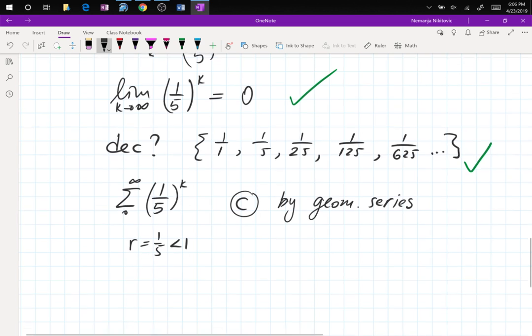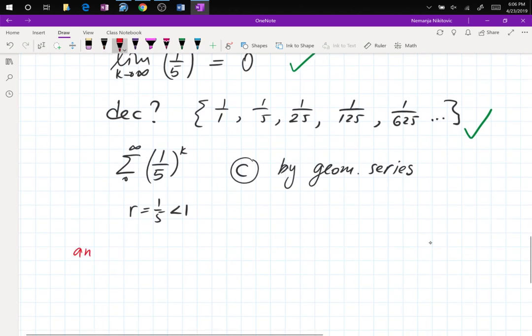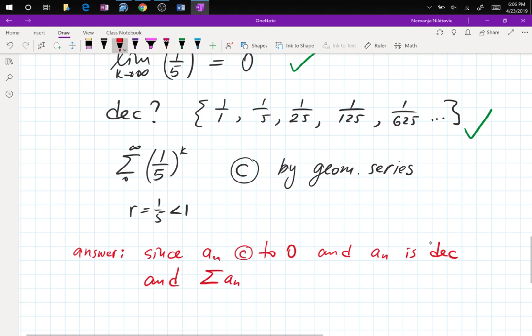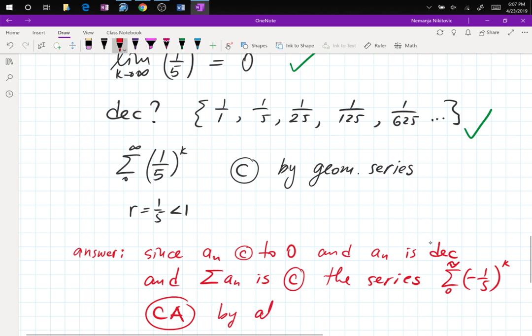So, answer: since AN converges to 0, I'm talking sequence talk right now, and AN is decreasing, and the summation of AN is convergent, the series summation of negative 1/5, everything to the k, from 0 to infinity, converges absolutely by the alternating series test.